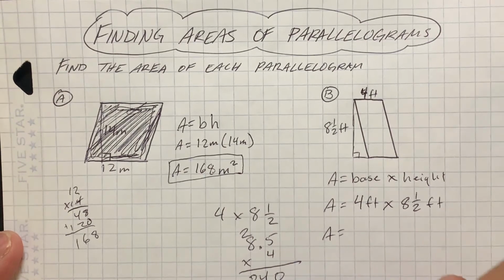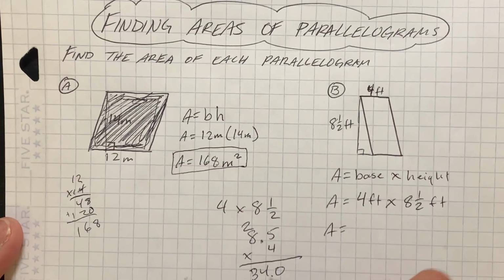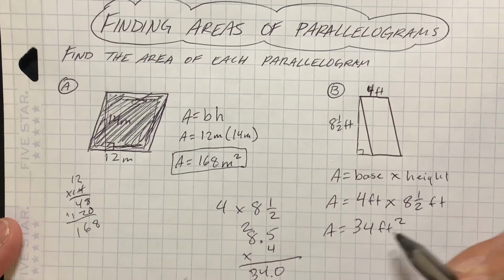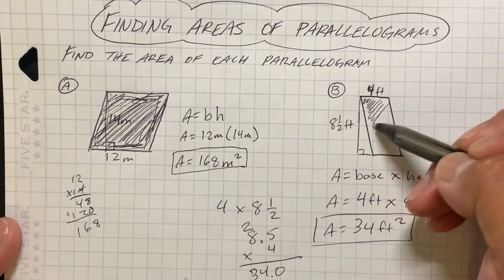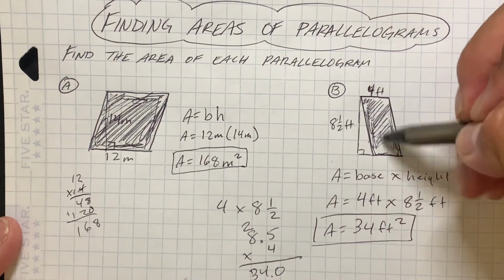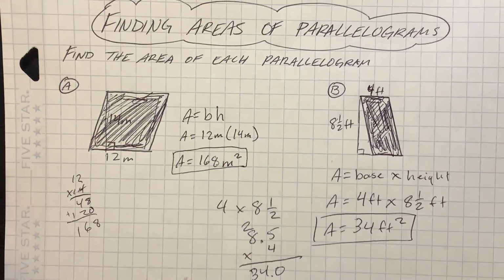And then move over 1. So the area equals 34 feet squared. So this whole area inside this rhombus, this parallelogram, this quadrilateral, is going to be 34 square feet.